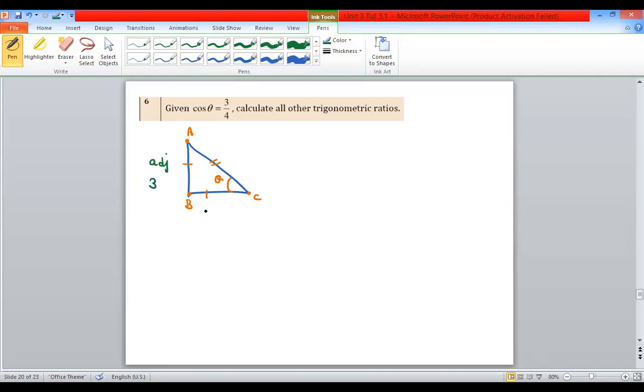It's 3. This is the opposite side. Sorry, it's the hypotenuse. It's 4. And BC is under root. 3, 4. This is your cos theta, Aryan.